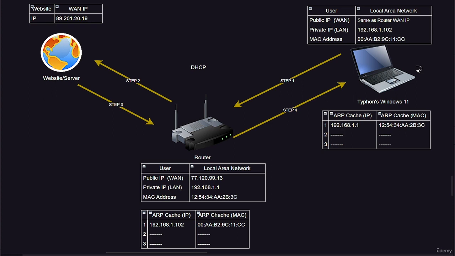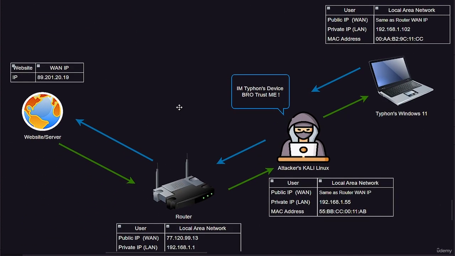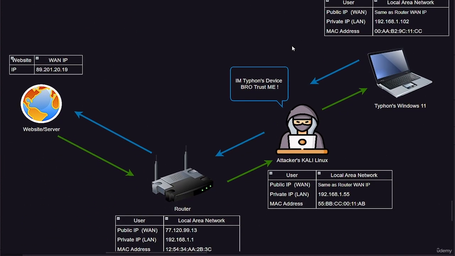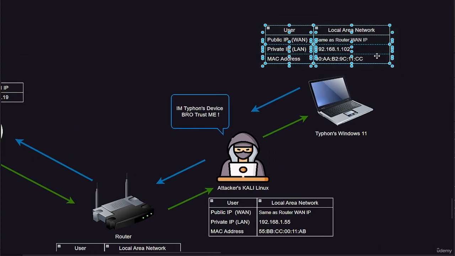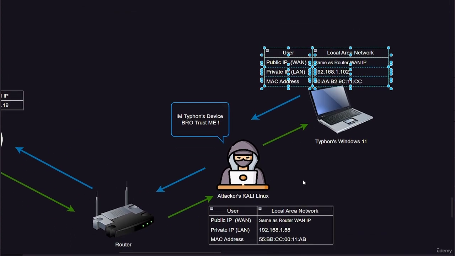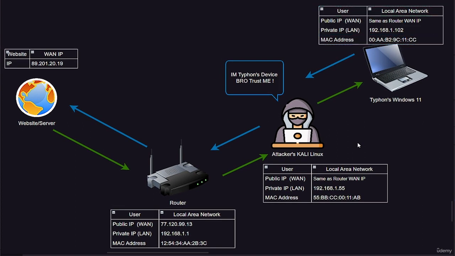Now, let's look at another diagram where I drew how attackers work, and I will explain all of this right in this lecture. I hope you're seeing more here. Here we have the attacker's Kali Linux and Typhoon's Windows 11, right?